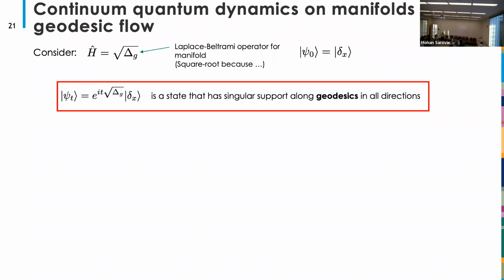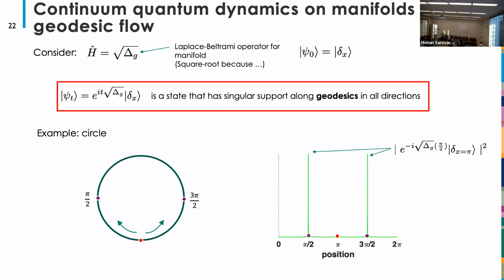Instead, I'm going to look at the square root, and ask what happens when I propagate, according to the unitary generated by the Hamiltonian, a perfectly localized initial state, a delta function in position space. What's known is that this state, when I propagate according to the square root of kinetic energy, has singular support along geodesics of that manifold in all directions.